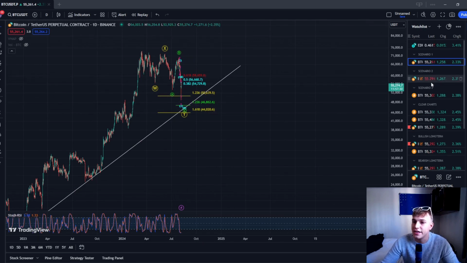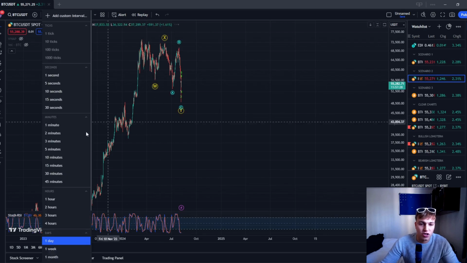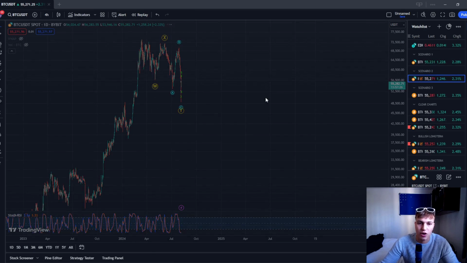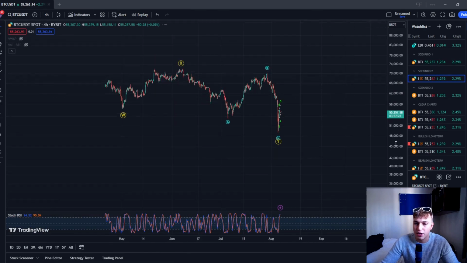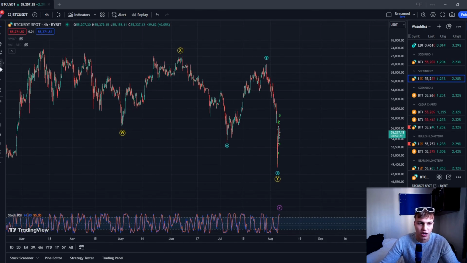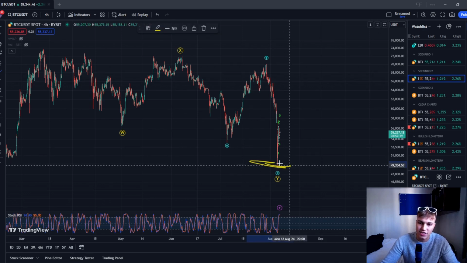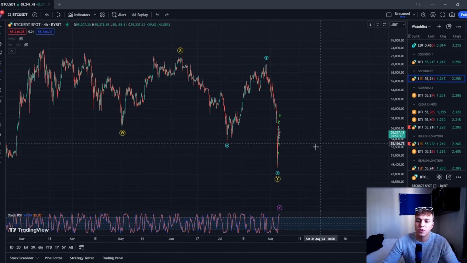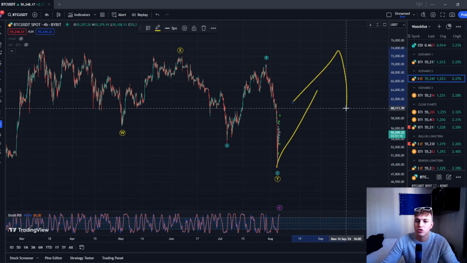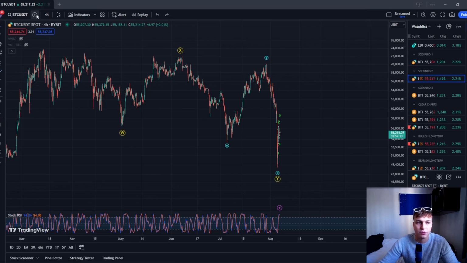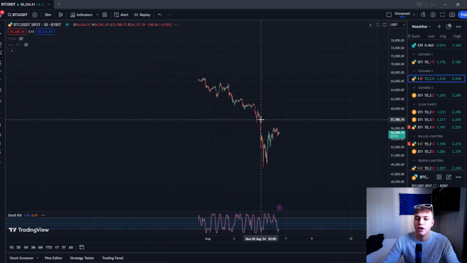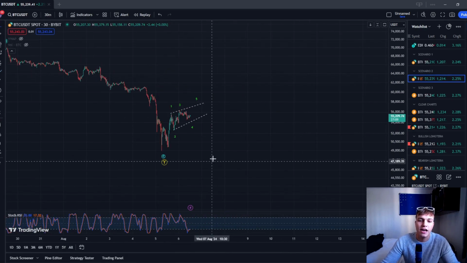Now, on the short-term bullish scenario, we have this count: a finished WXY structure with the low being in yesterday. Now, what that means is we should from here be seeing impulsive structures to the upside. So if we go to the 30-minute time frame, we should be able to try count this.